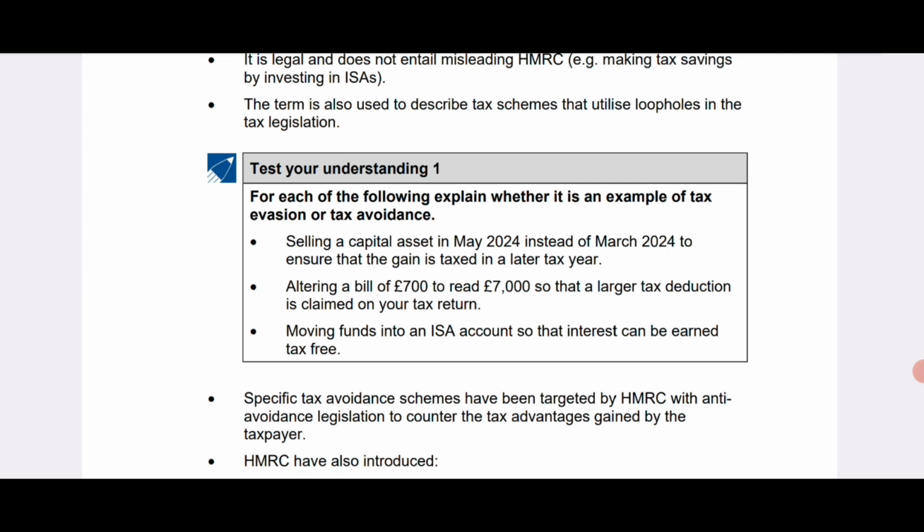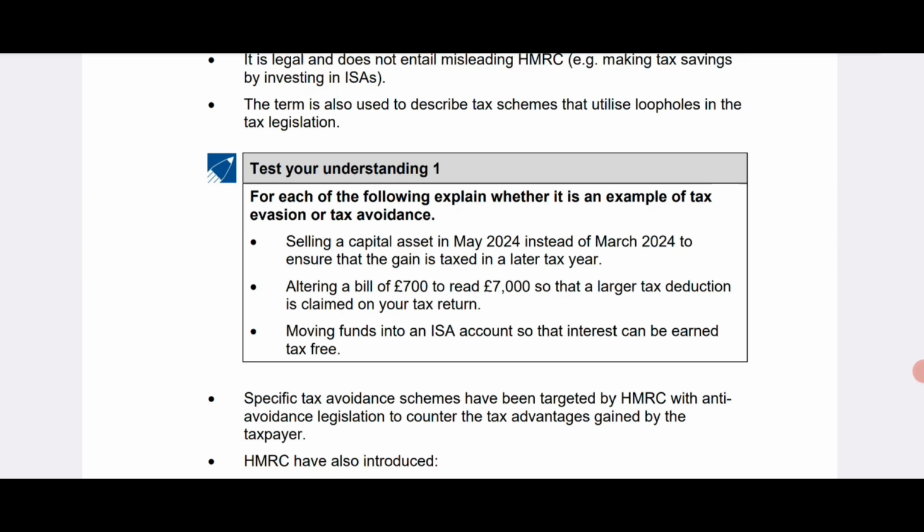So in this bullet, if they sell their asset in May 2024, is it tax evasion or tax avoidance? Changing the timing of the sale of an item, so that the tax is charged later, is tax avoidance. It's not tax evasion. They are just delaying, so maybe next year they will charge the tax.